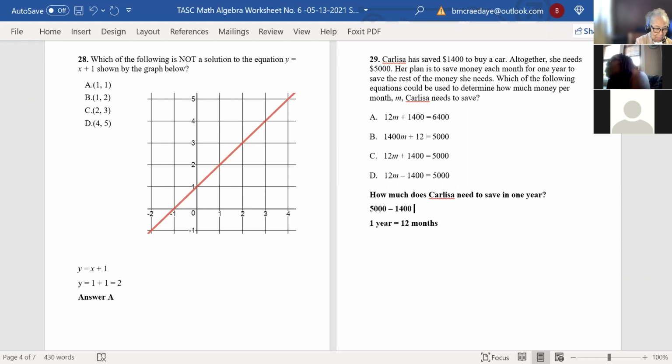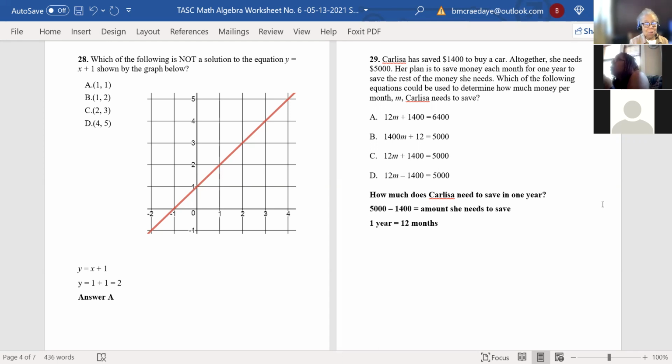That would be equal to the amount she needs to save. Yes, she needs a total of 5,000. She's already saved 1,400. So if you subtract the 1,400 from the 5,000, you'll get what she needs to save.